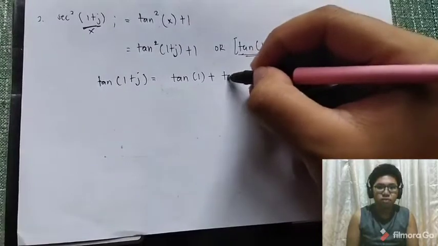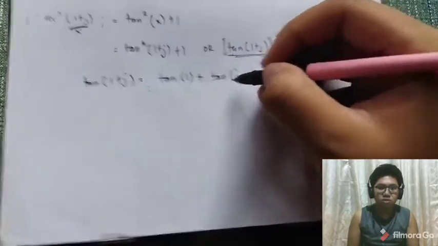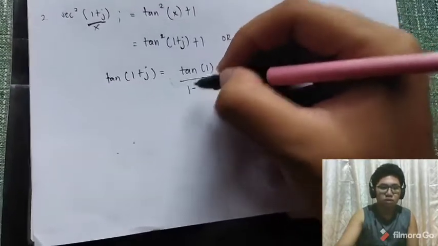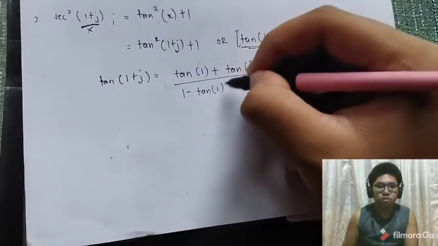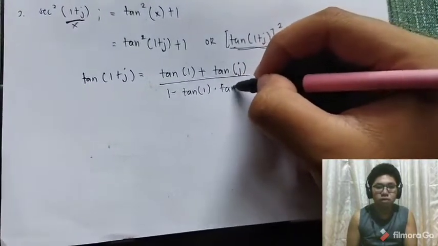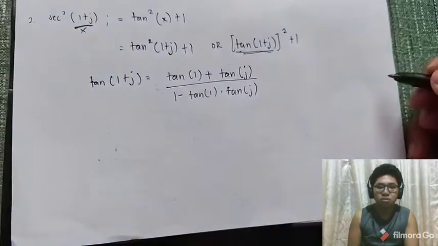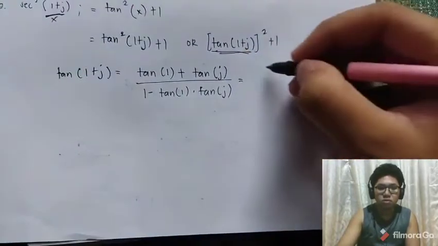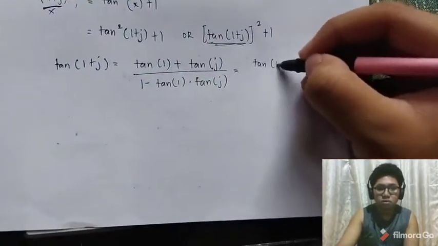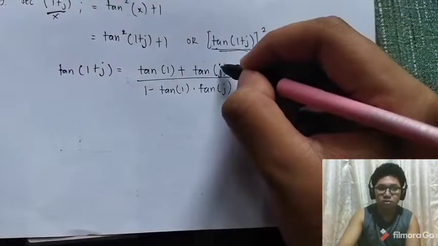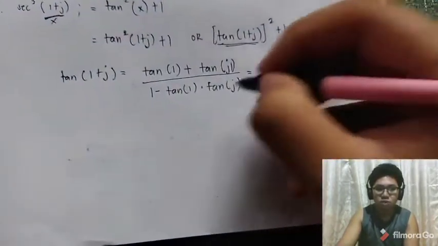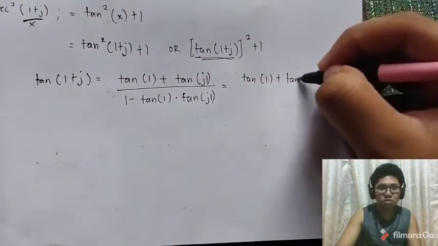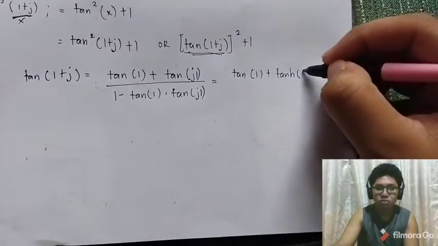So that is just tangent of 1 plus tangent of j all over 1 minus tangent of 1 times the tangent of j. So that is equal to the tangent of 1, and tangent of jy is equal to j times the hyperbolic function of tangent of y.